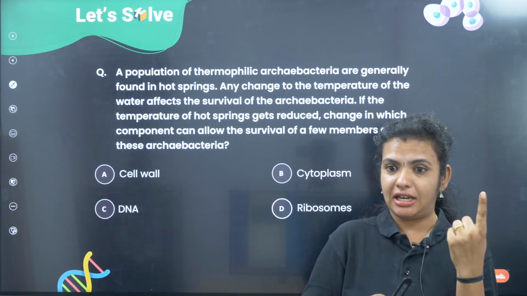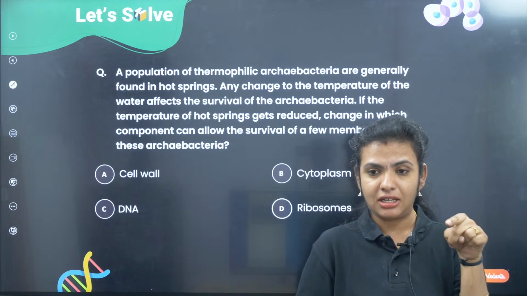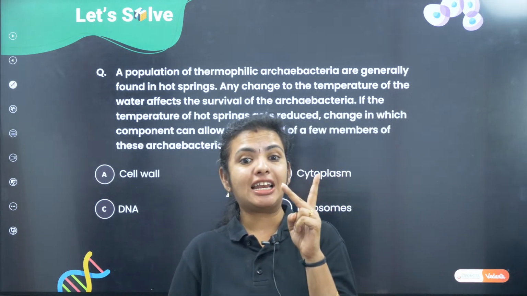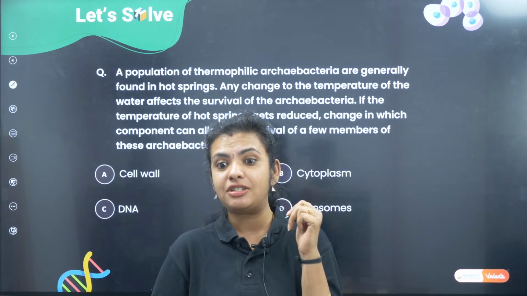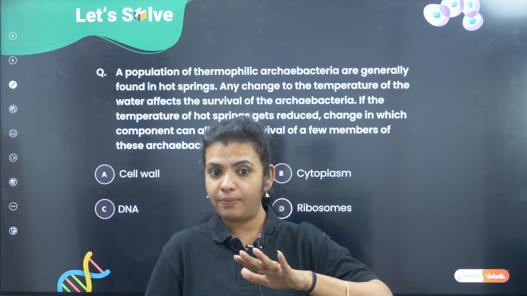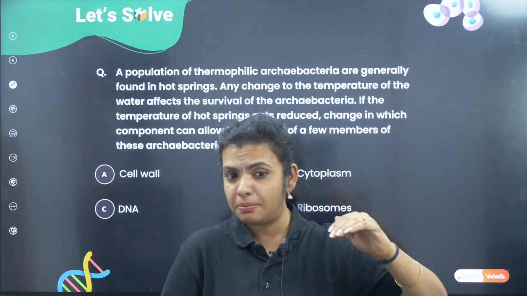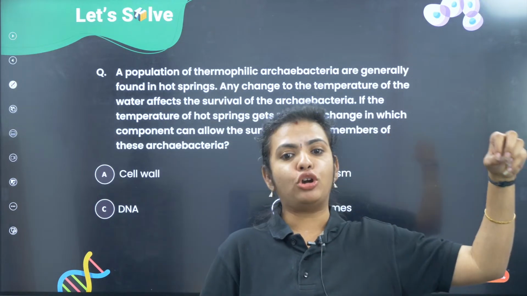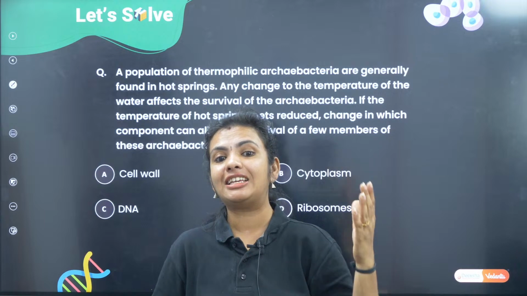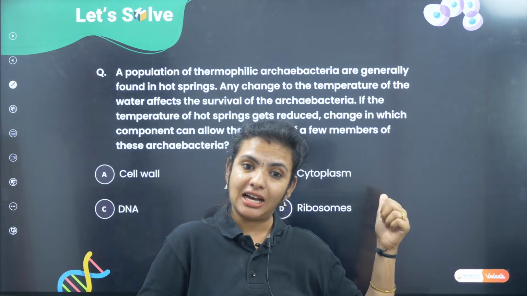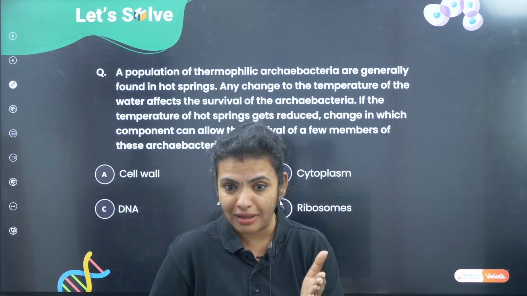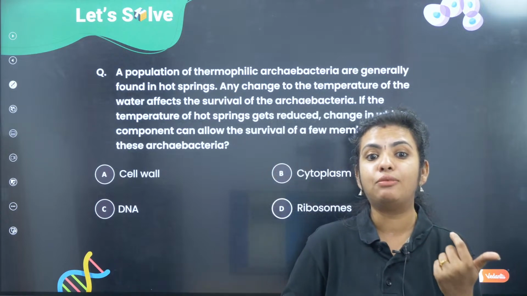One is eubacteria, which is a normal bacteria. The second one is archaebacteria. That means they have special powers. So the kind of bacteria which are having special powers will be put into a new group called archaebacteria. And here we are having a group of bacteria called thermophilic.